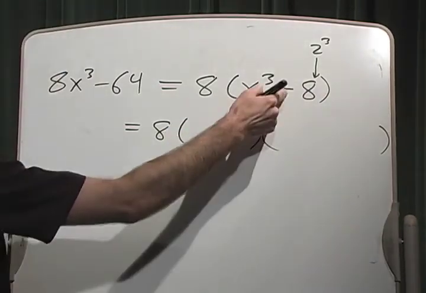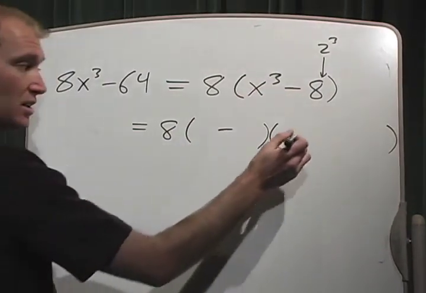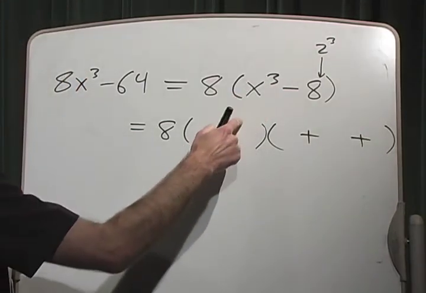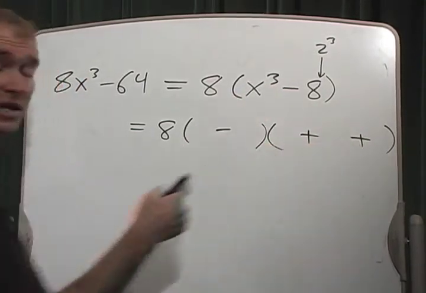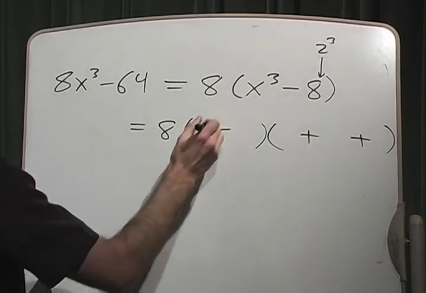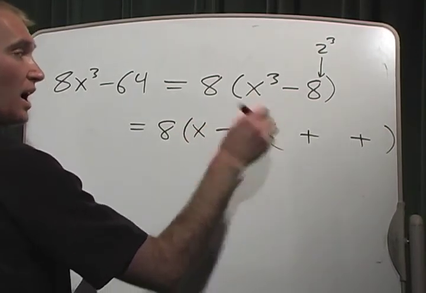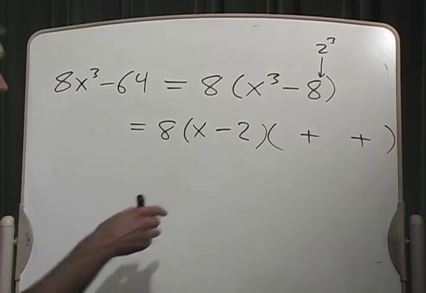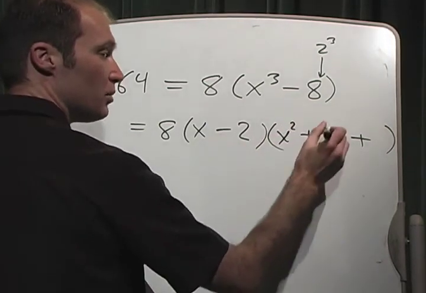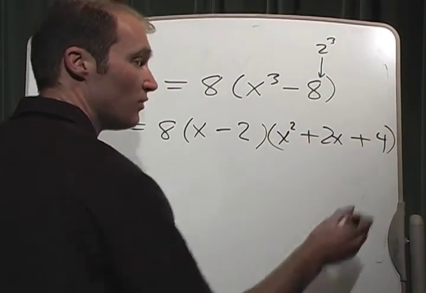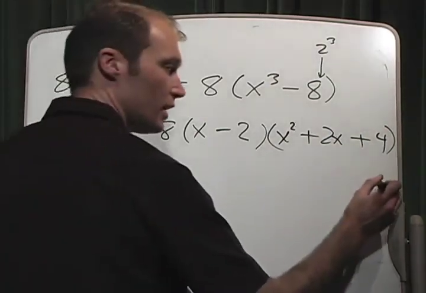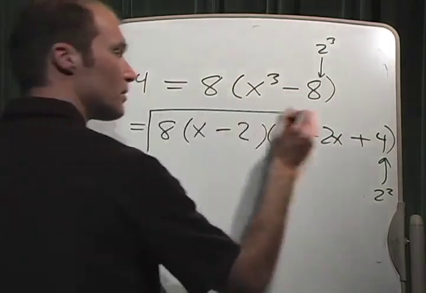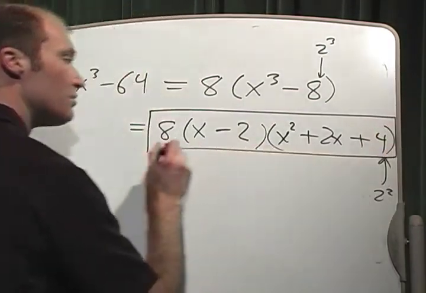So the signs are minus, plus, and then plus. Same, opposite, always positive. So this is going to be x minus 2, and then descending powers of x and ascending powers of 2. So x squared plus 2x plus 4, because 4 is just 2 squared. Go ahead and box that. That looks like my final answer.